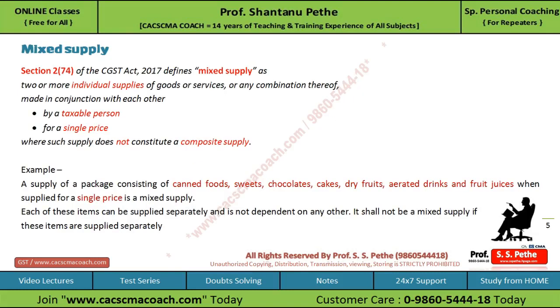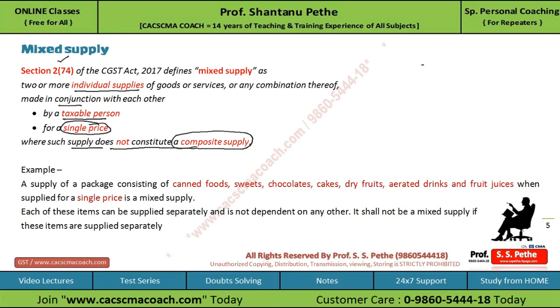Now let's see the definition of mixed supply which is given under clause 74 of section 2 of the GST Act 2017. As per this definition, mixed supply means two or more individual supplies of goods or services or any combination thereof made in conjunction with each other by a taxable person for a single price, and where such supply does not constitute a composite supply.